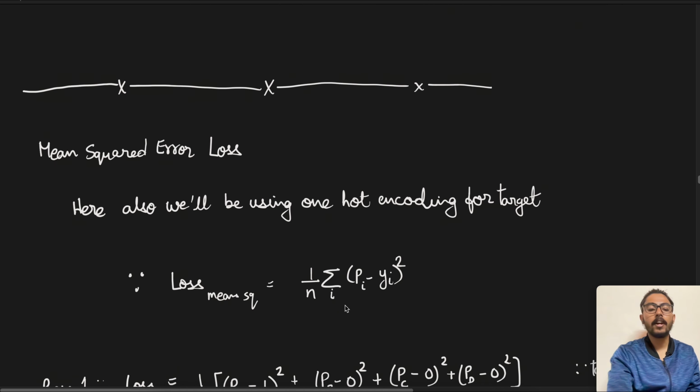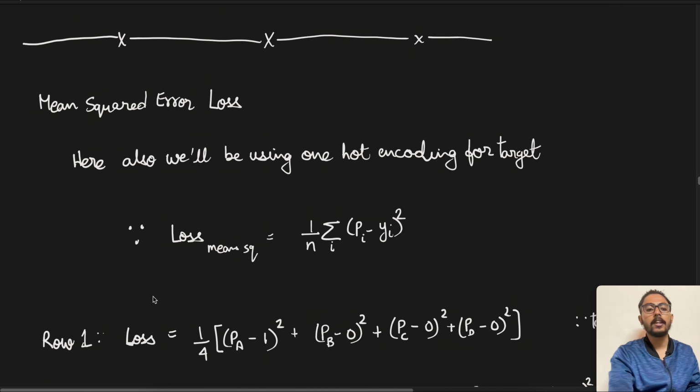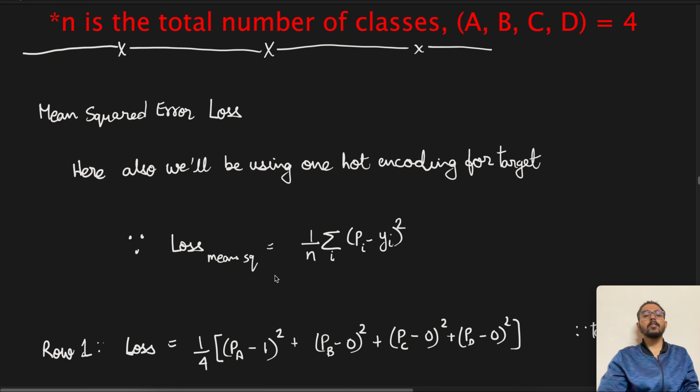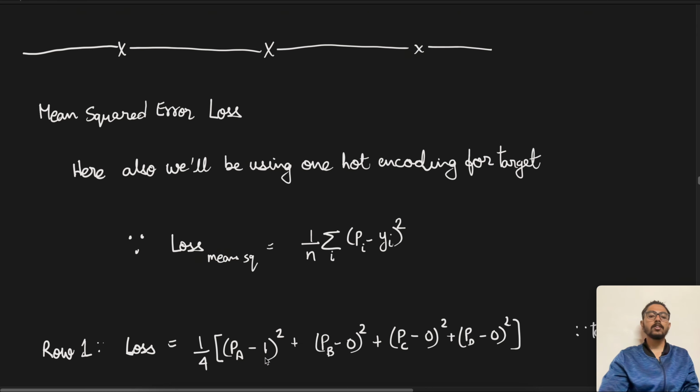So if we try to see it in action, row 1. In row 1 we get one hot encoding for class A, right? So only that one will reside next to PA, which is PA minus yi. This time it will be (1) whole squared plus (PB minus 0, because this is not the target class) whole squared.